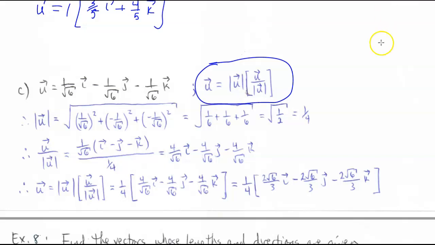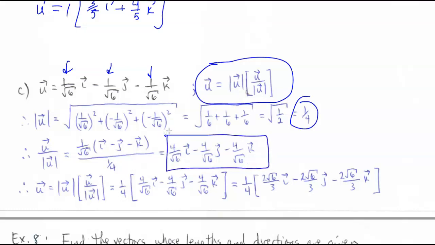And of course, we just take the square of all the components, add them up, and then take the square root of it. We get 1/4 here. And then we take our unit vector, which is just our original vector divided by 1/4, which is the same thing as multiplying it by 4. And we see that we get this outcome here.